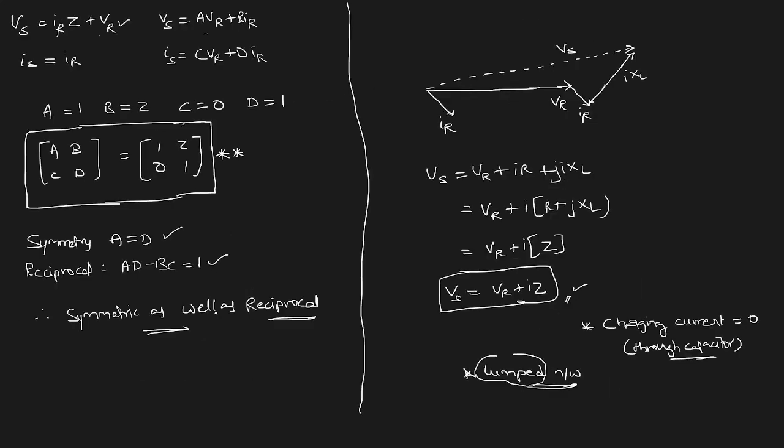Fine. Now the next one is the medium transmission line. Medium transmission line analysis can be done in four ways. The first one is the receiving end condenser model.